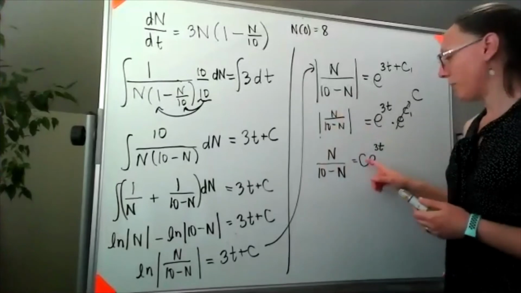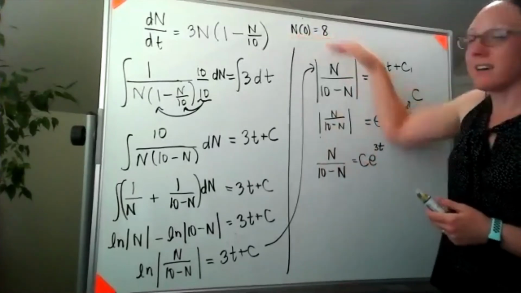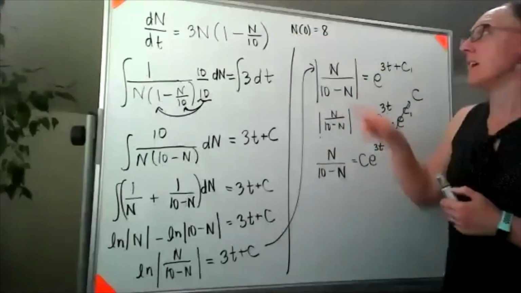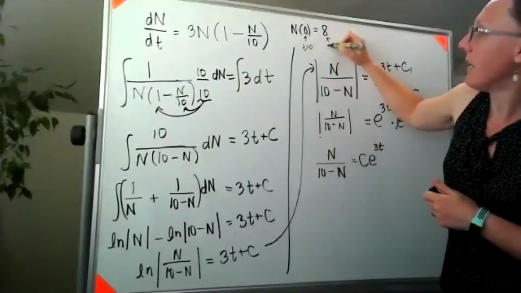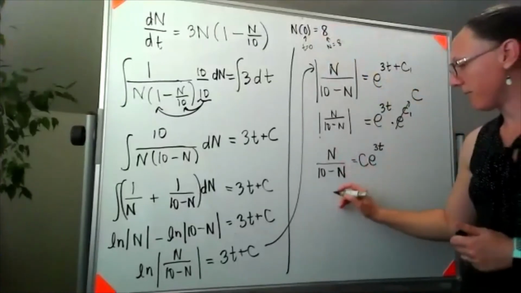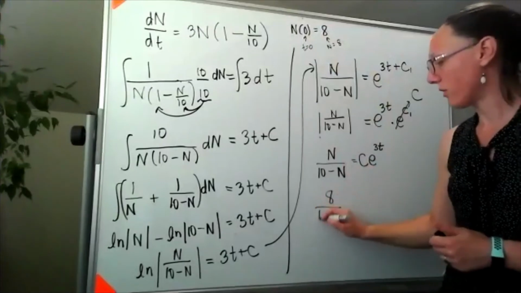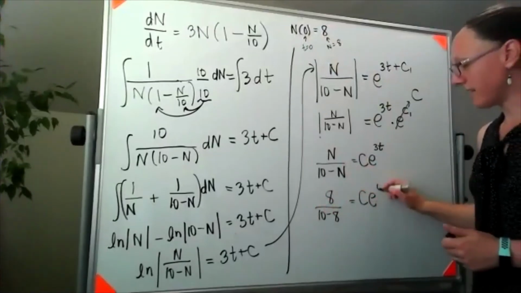Now, we might as well solve for that c because we have that initial condition. This says t equals 0, n equals 8. So plugging in 8 for n, I'll have 8 over 10 minus 8 is equal to c e to the 0.